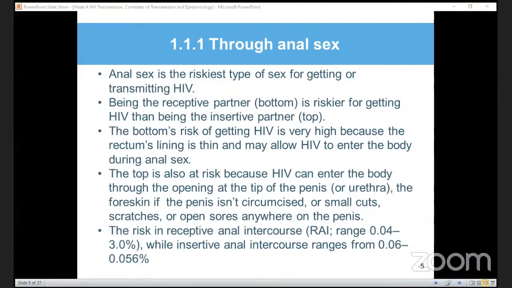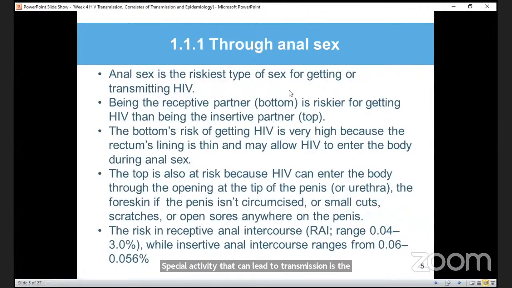The riskiest sexual activity that can lead to transmission is anal sex, as you can see from your screen.